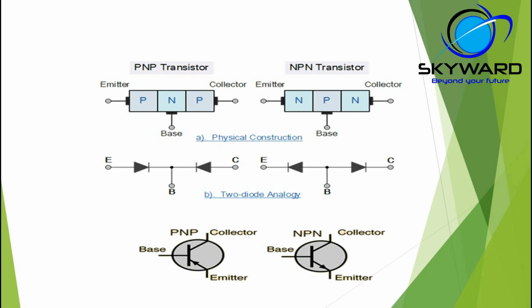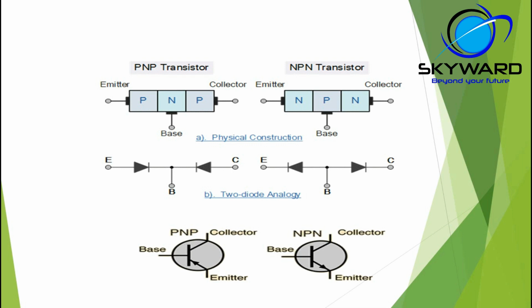Just the opposite in the NPN transistor, where the base is the positive side. Whatever voltage is at the collector will come to the emitter if the base gets positive voltage. If the base gets negative voltage, it will not short. In a PNP transistor the base must be connected to ground, then only it will work. In an NPN transistor, the base must have some voltage to operate.